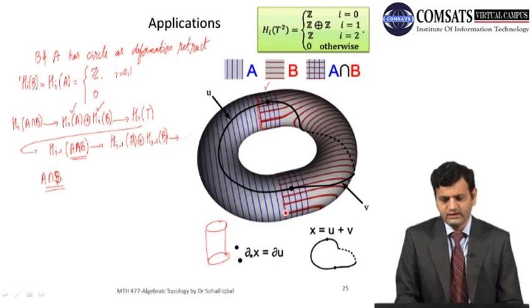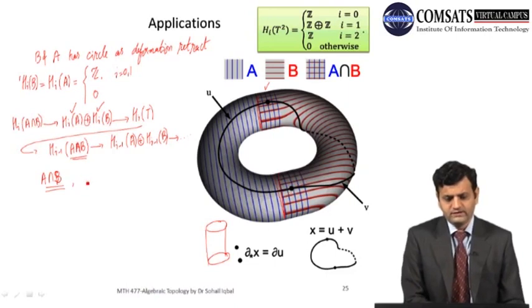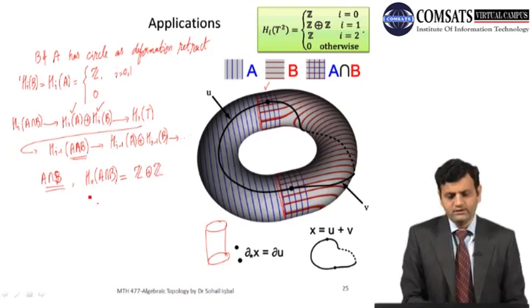Once again, this is a cylinder and a cylinder has a circle as deformation retract. So we have two cylinders, or we can say that we have two path connected components. So we can say that H_0 of A intersection B is basically equal to Z plus Z, and similarly H_1 of A intersection B is equal to Z plus Z.